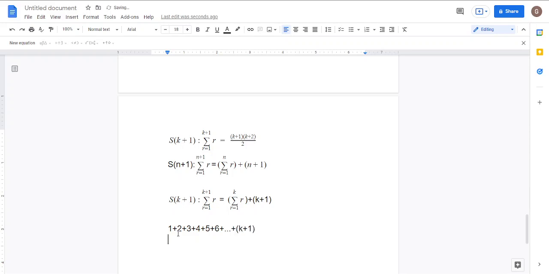Right? And we also said that over here, the sum of 1 to k will be 1 plus 2 plus 3 plus 4 plus 5 plus 6, on and on till you get to k. But we also got this little part here. So whenever we're done, we're going to add on that part there. Right? You can see that?